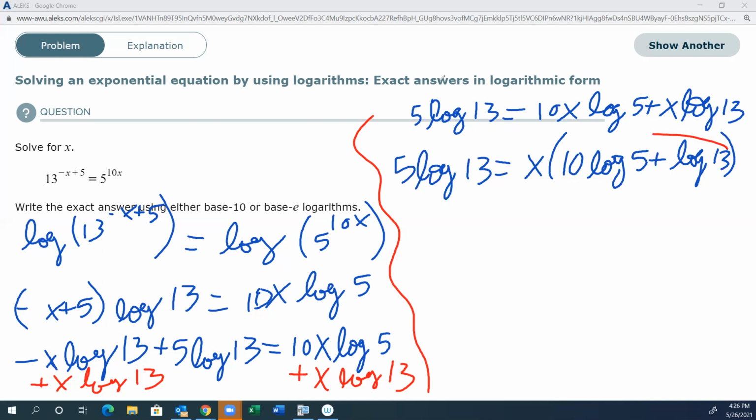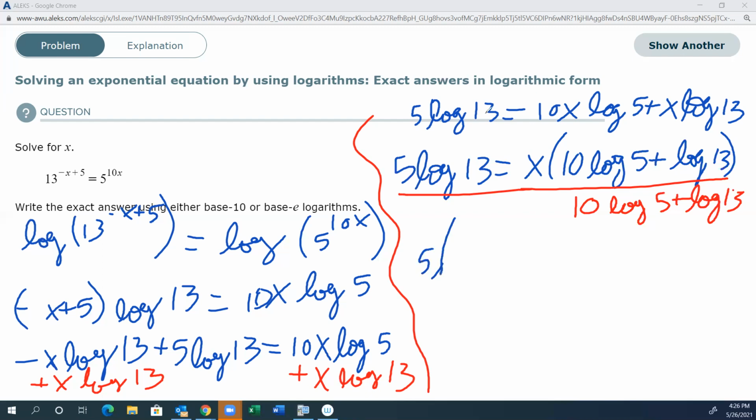Well, remember, this is all one big number multiplied by x. So let's just divide both sides by that number. And then I don't know if I have enough room to write it out. So I'll just say divide both sides by it. Okay. Now on the left side, we get 5 log 13 over 10 log 5 plus log 13.